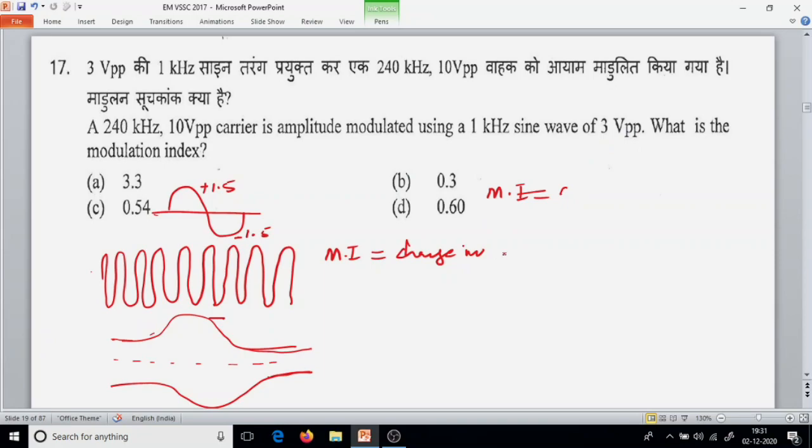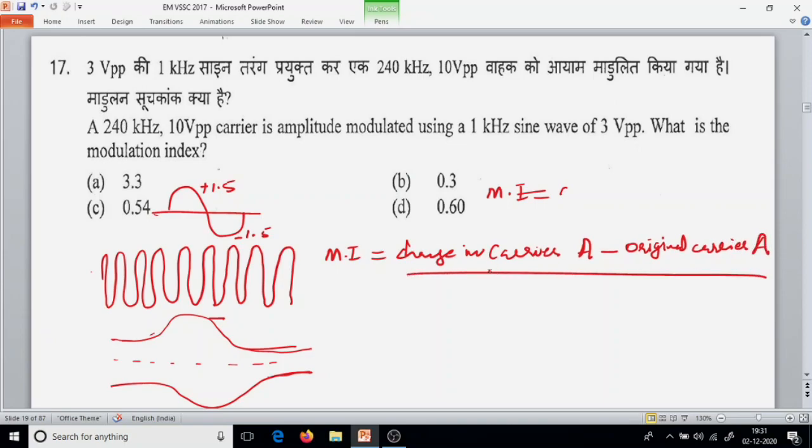Change in carrier amplitude, I'll write amplitude minus original or normal carrier amplitude. This A is amplitude, divided by original carrier amplitude. So what does it come to?